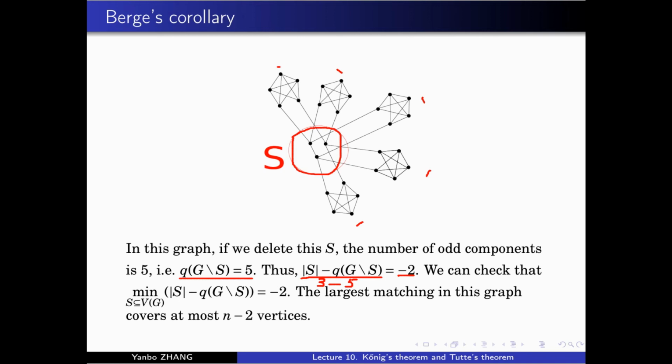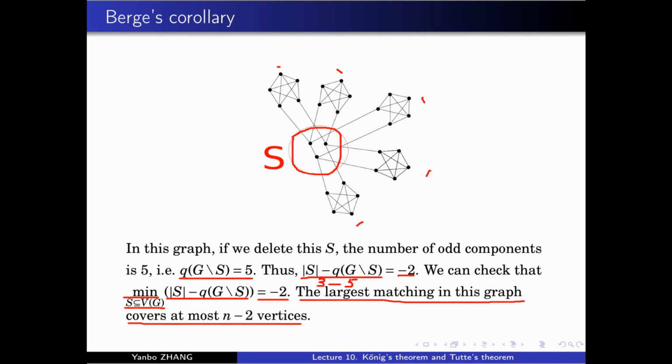We can check that for any subset S of V(G), the minimum of the size of S minus Q(G minus S) is actually minus 2. So the largest matching in this graph, by Berge's corollary, covers at most n minus 2 vertices. The largest matching cannot cover all the vertices. At least 2 vertices cannot be covered.